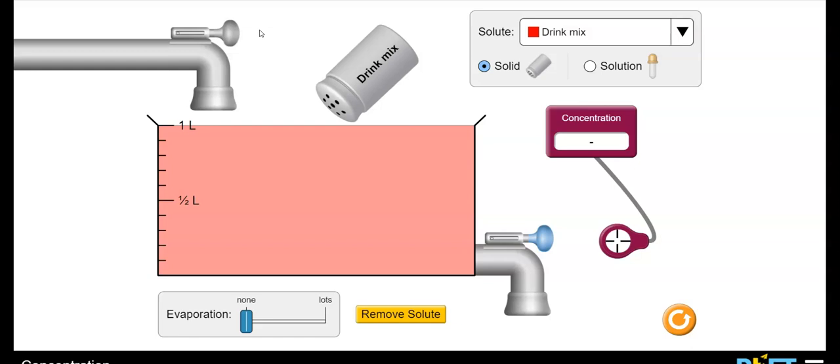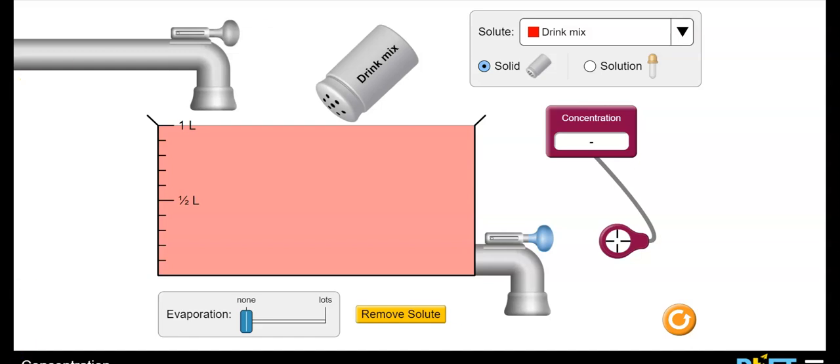Now, when I added more water, what happened to the amount of the solute in the solution, the drink mix? Well, nothing. So when you dilute, you do so by just changing the volume of the solution. The amount of the solute does not change, and that is very important, especially for our calculations.